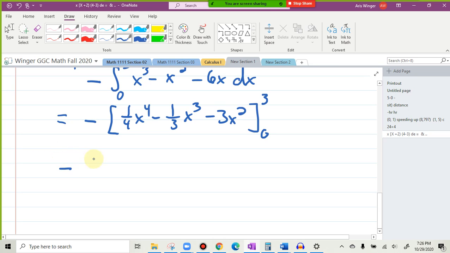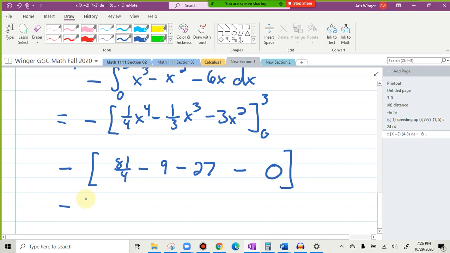This is equal to minus, and then that's going to be plugging in 3, 81 over 4 minus 9 minus 27. I'm sorry, 27. And then minus, when you plug in 0 into all of that, you get 0.